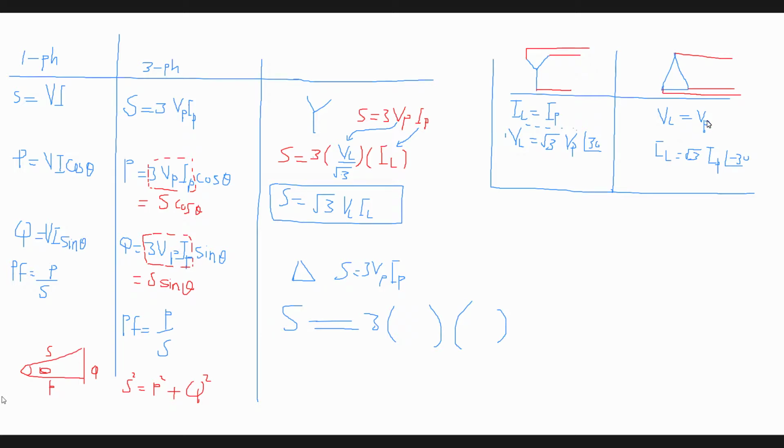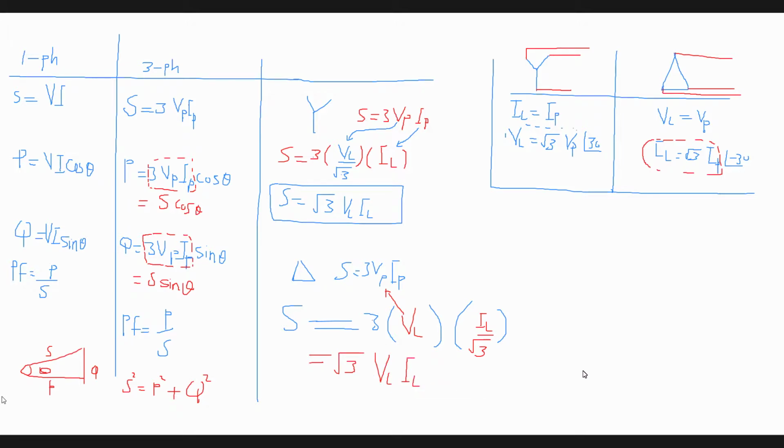Here V phase is V line. I phase is I line divided by square root of 3. From here, the magnitude only. I phase is I line divided by square root of 3. So I can say 3 divided by square root of 3 is square root of 3, V line, I line.